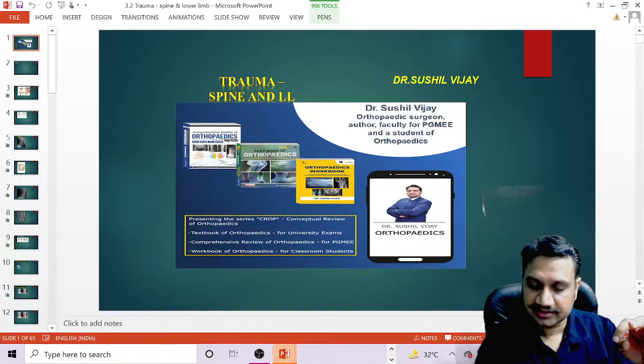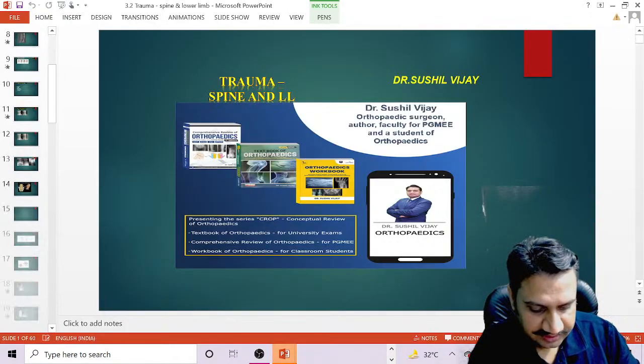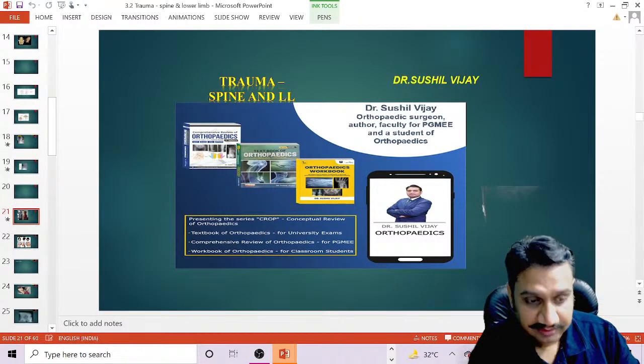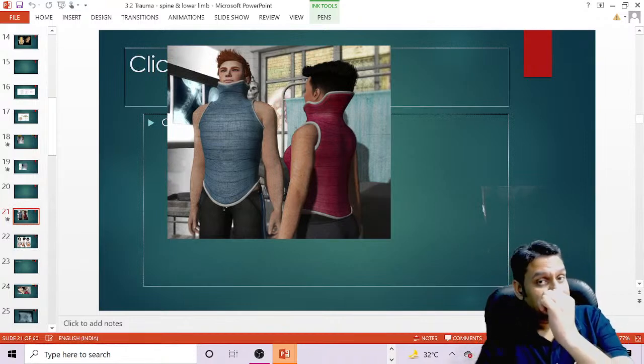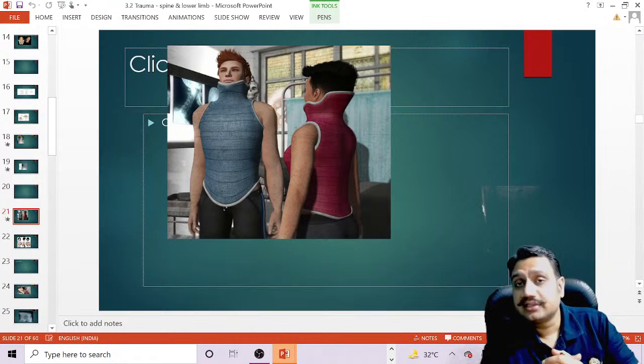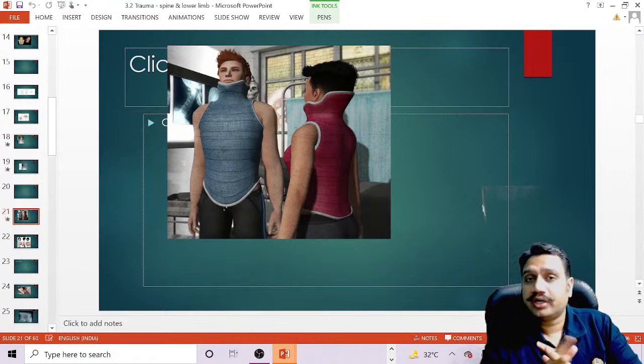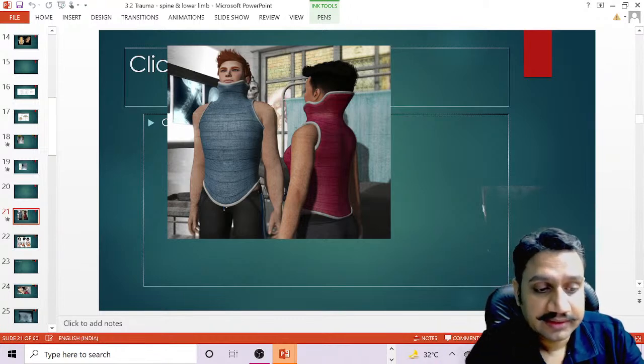I'll show you how the Risser's cast looks. It would be somewhat like what this dummy is wearing, right? That's what you call Risser's cast. So Taylor's, Milwaukee, Risser's, these are important ones for your spinal stabilization. Okay, these are the ones.